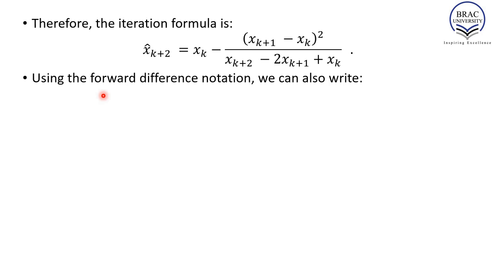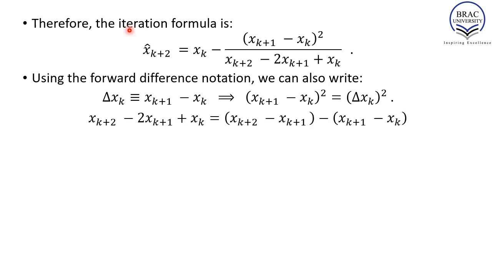Now using the forward difference notation, we can express the above formula in a very simple form. That is just a notational fact. The change in x k is by definition the difference. Using this notation, we can write the numerator in that format, and the denominator we just rearrange.